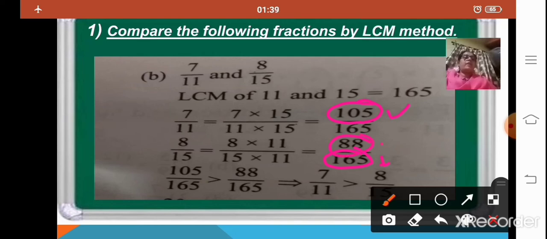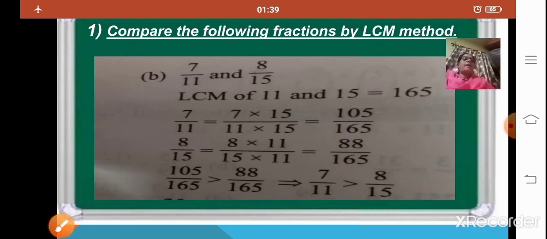Here 105 is greater than 88. That means your fraction 105 upon 165 is greater than 88 upon 165. That means 7 upon 11 is greater than 8 upon 15. Okay. So this is how you have to compare the unlike fractions, by taking the LCM of the denominators.